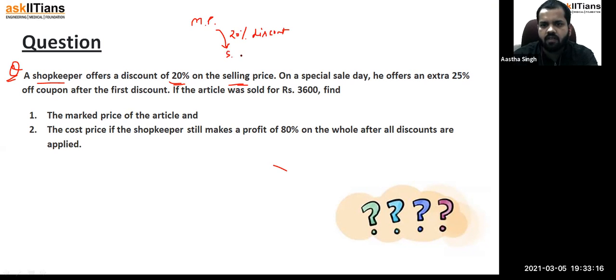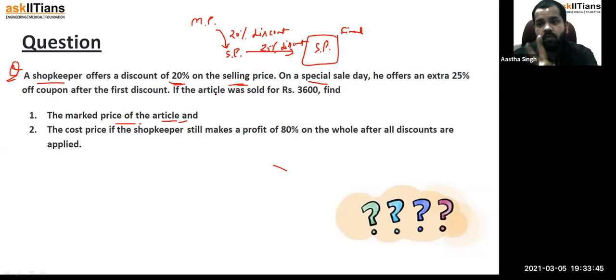On some special day, he offers an extra 25% discount. They just offer 25% more discount. Some SP will be their final SP. If the article was sold at this many rupees, find the market price.